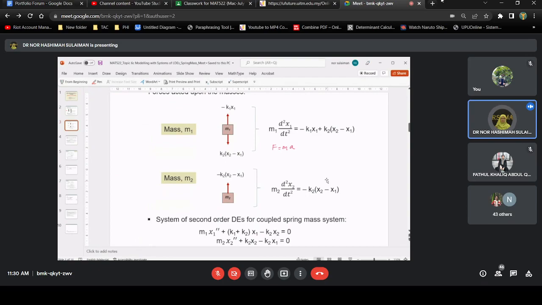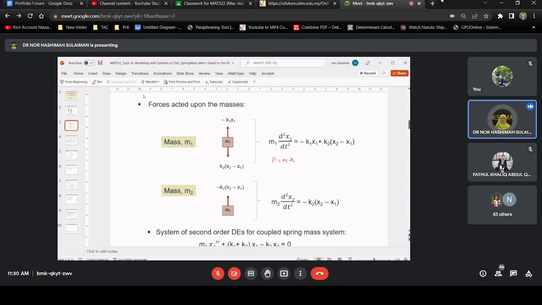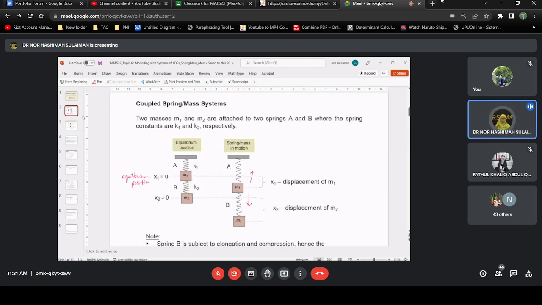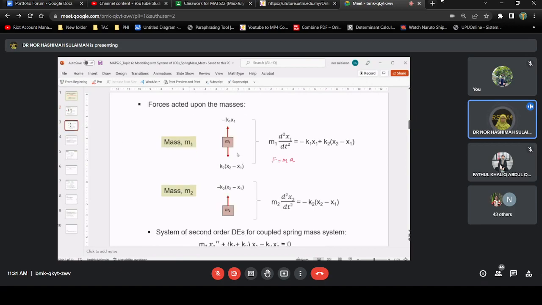Alright, in the sense that if you study the forces that act upon the masses, let's say you focus on mass 1, M1. Okay, so for this first mass here, if you observe, the pull is due to two things, right? One, the pull by the spring upwards, so that is against the gravitational pull, so we have negative K1, the spring constant, multiplied by the displacement x1.